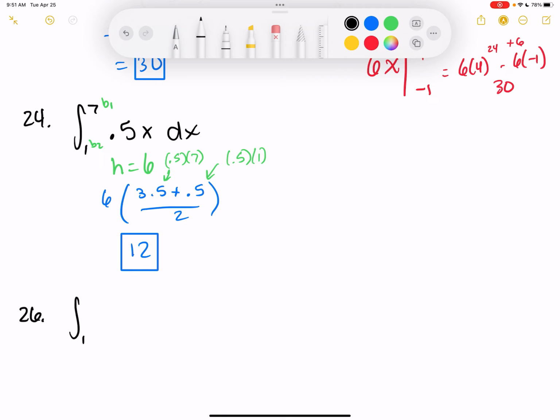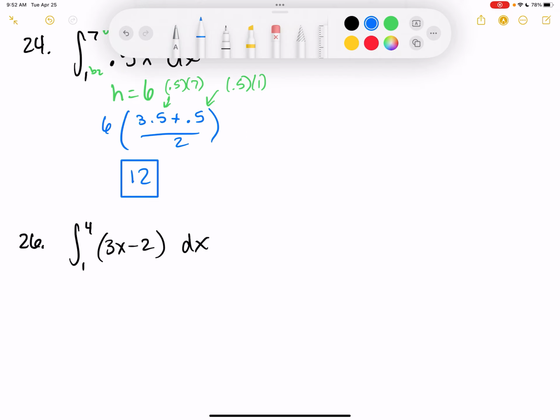26, the integral from 1 to 4 of 3x minus 2 dx. So my height is 3.